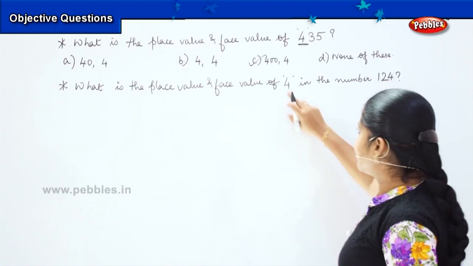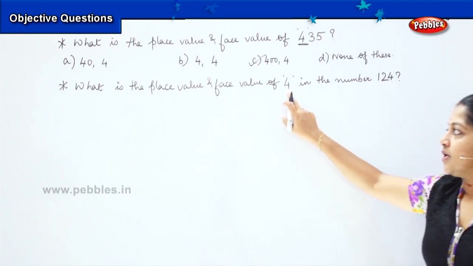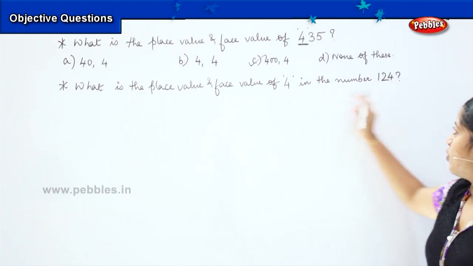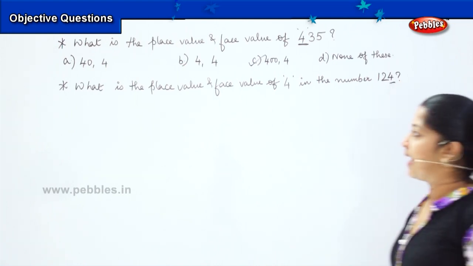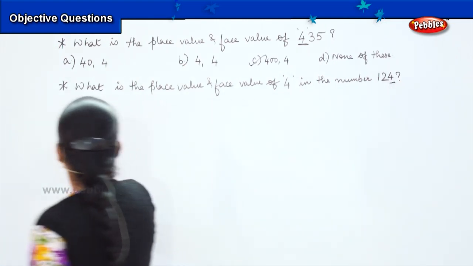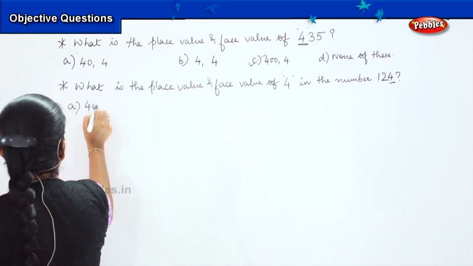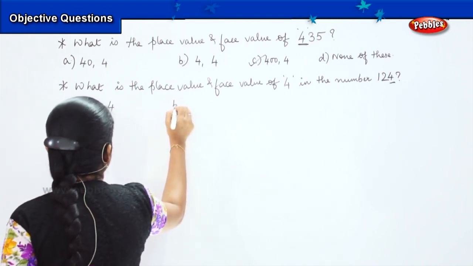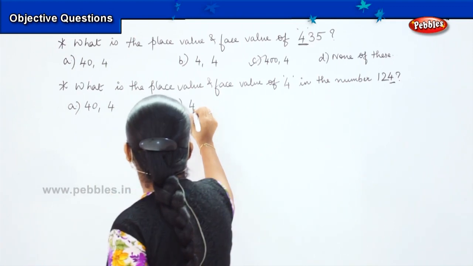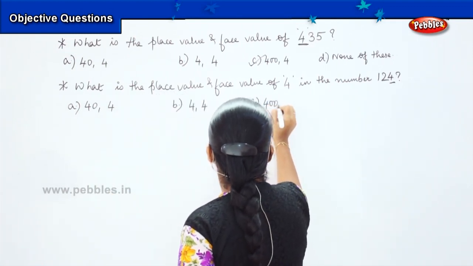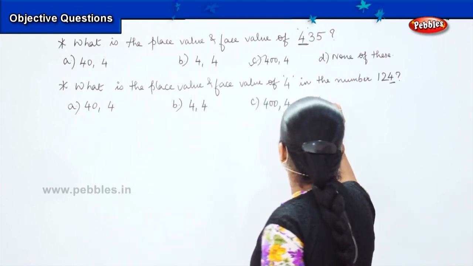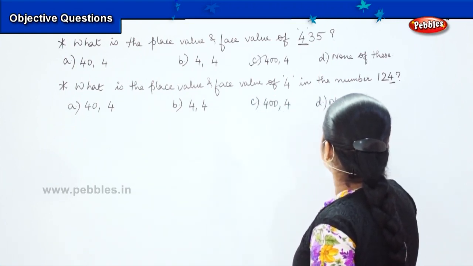Okay, so you need to find the face value and the place value of digit 4 in the number 124. My options are: option A, 40 and 4. Option B is 4 and 4. Option C is 400 and 4. And option D is none of these.